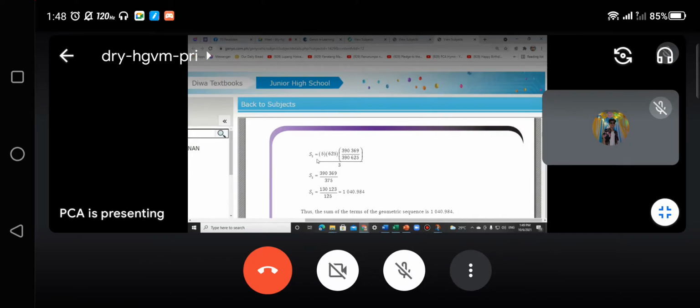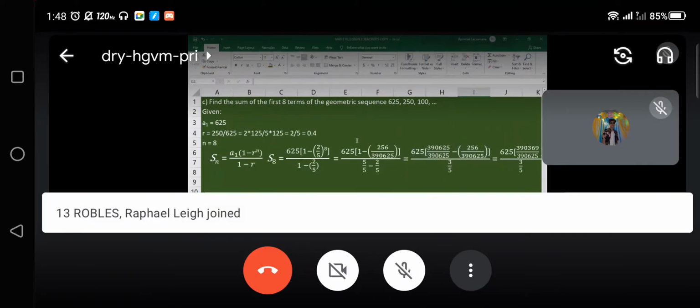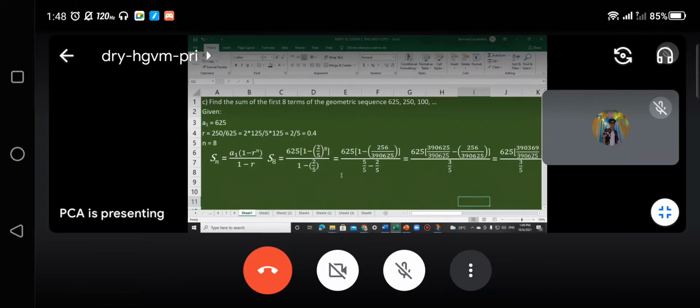Okay, how did I correct it? It's like this. It was okay in this part, right? So 1 minus 2/5, of course, it's 3/5.